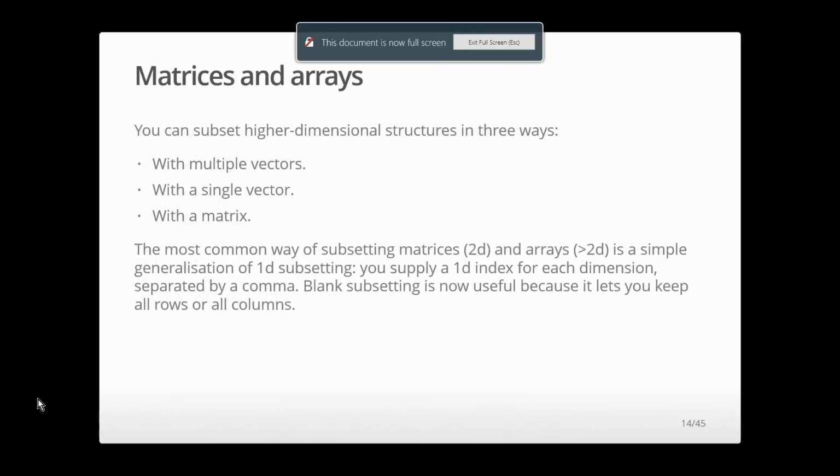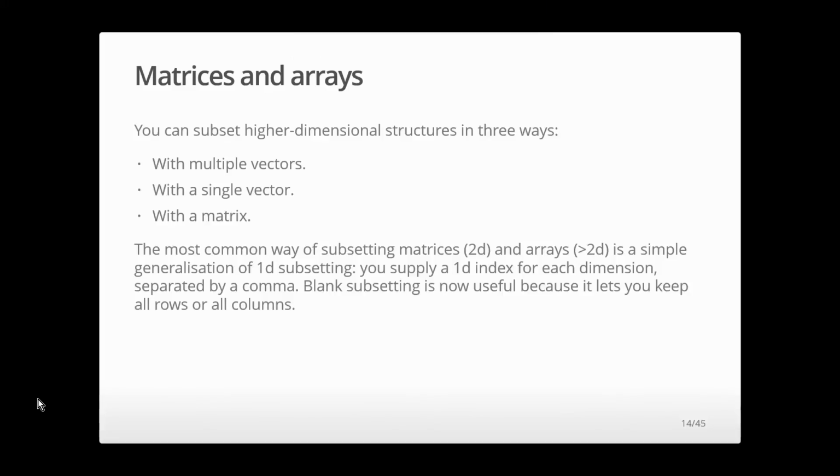Okay, so we have matrices and arrays. Again, a matrix is pretty much an atomic vector with a dimension attribute, right? You can subset these with multiple vectors or a single vector, or you can even subset with a matrix.